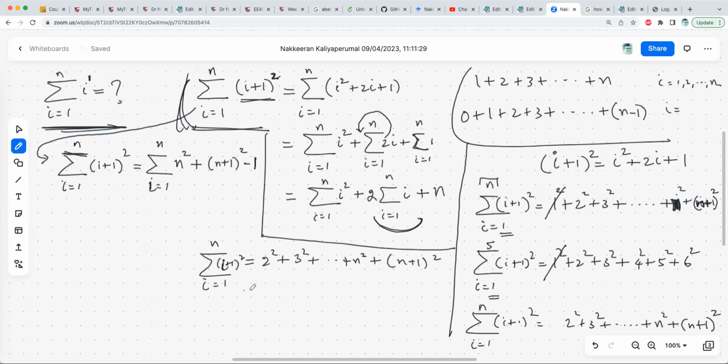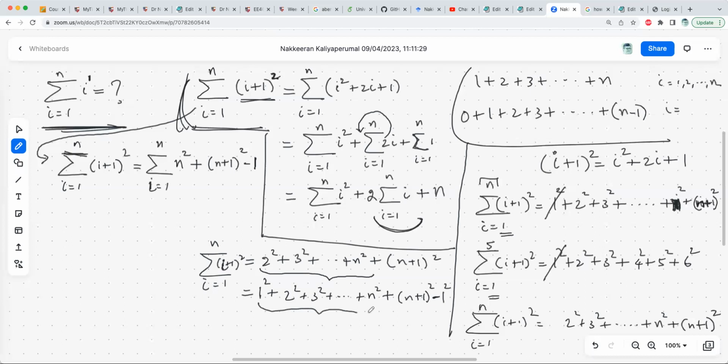Now what I'm going to do, purposefully, I'm going to add a 1 squared here, and all this I'm going to write as such. That will be 2 squared plus 3 squared plus dot dot dot plus n squared, and of course we will have this (n plus 1) whole squared, and whatever 1 squared I added, I'm going to subtract that. Is that okay? Yes, sir. Why have I done that?